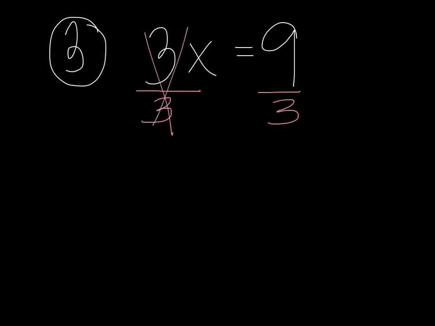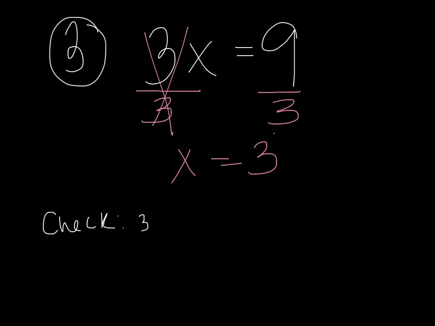These two cancel out because 3 divided by 3 is just 1. I isolated my x, it's by itself. Now I have 9 divided by 3, which is 3. So x equals 3. Let's check it and make sure we're right.